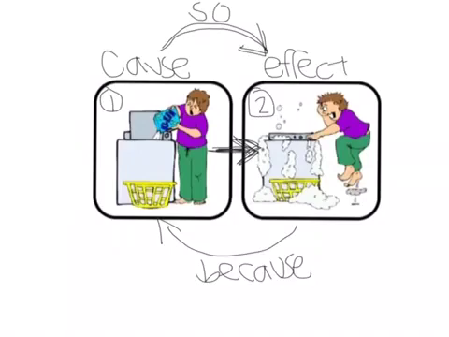So I might start my sentence by saying, the soap suds came all out of the washer because I put too much soap in, okay? So these key words, so and because, actually help you make your statement.